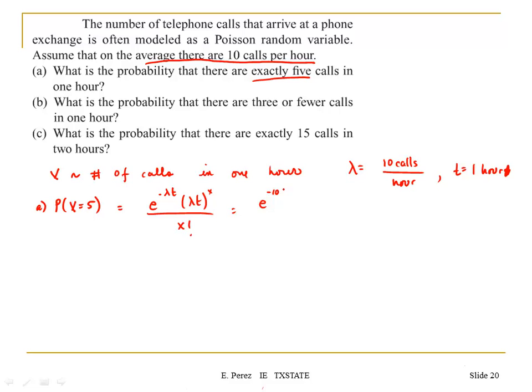So here we have e to the minus 10 times 1, 10 times 1 to the power of 5 divided by 5 factorial, and that should be equal to 0.0378, which is about 4%. And that probability is very low. So the chances of having exactly 5 calls in 1 hour is very low.